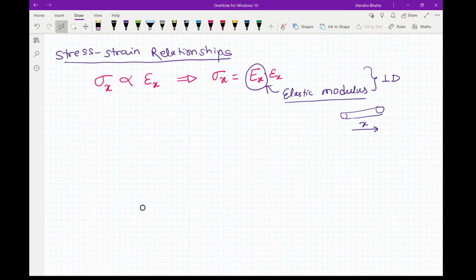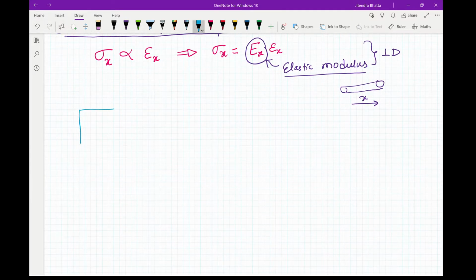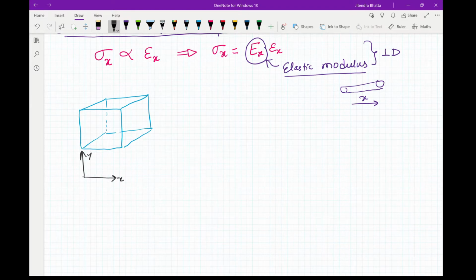For a 3D element such as this one, let's say this is x, y axis and z axis, then you'll have normal stresses occurring on this face, and this face here. This will also be sigma x, sigma y and sigma z.